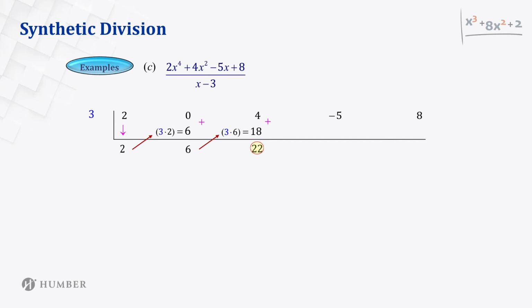We then multiply 22 by 3 to get 66. And we get the sum of negative 5 and 66 as 61. For the last column, we multiply 3 by 61 to get 183. Finally, add down to get 191. The 191 is the remainder of this division.